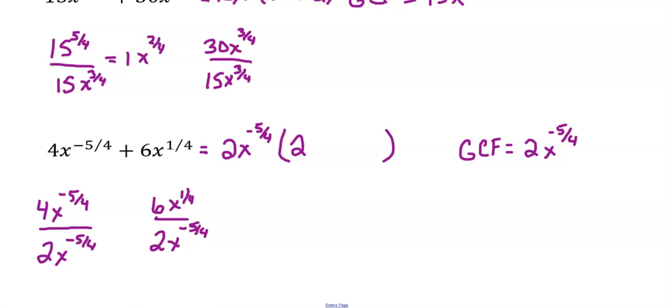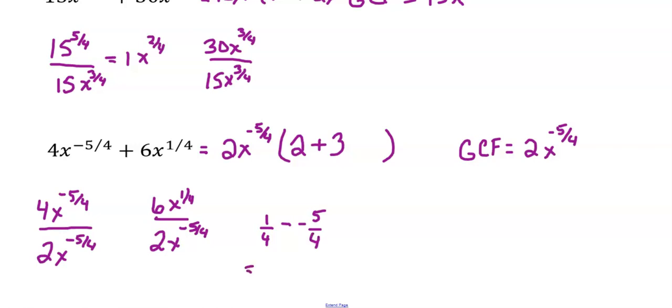We're dividing that by 2x to the negative 5/4. So for the number factor, 6 divided by 2 is 3. And then for the variable factors, because we're dividing and the bases are both x's, we're going to subtract the exponents to get the new exponent on the x. So if we look at the exponent in the numerator, 1/4, minus the exponent in the denominator, negative 5/4.